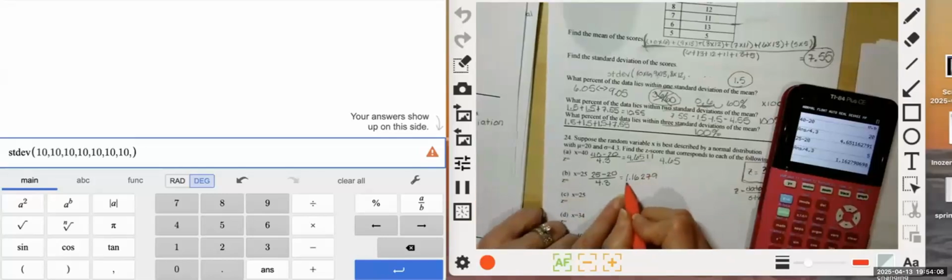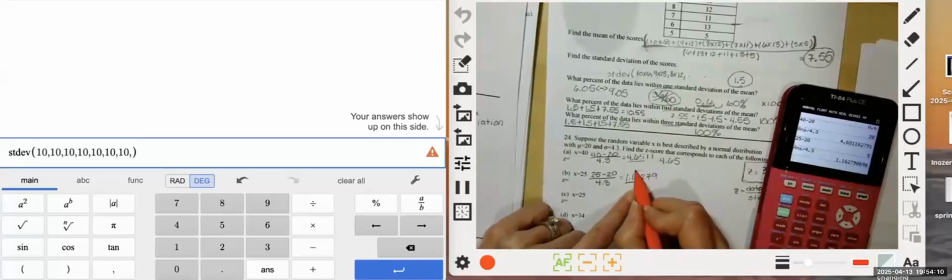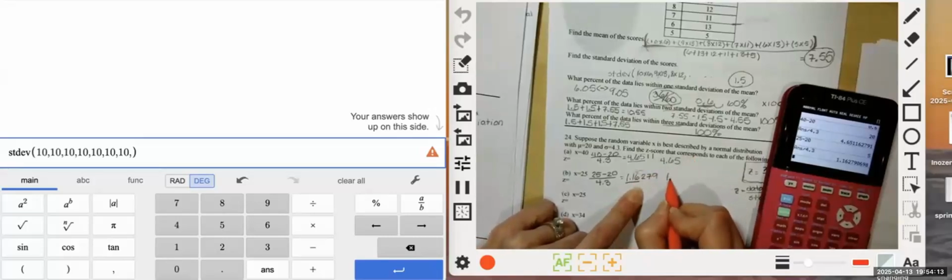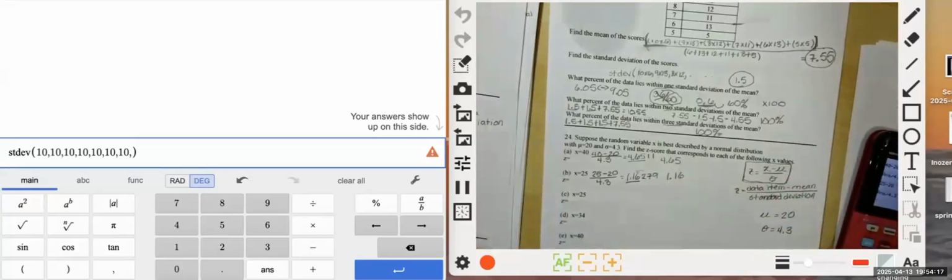So we're going to go 2 places after the decimal. That 2 is not big enough to change it, so 1.16. Okay, is that making sense to you how to do those? Yes, it does. Okay.